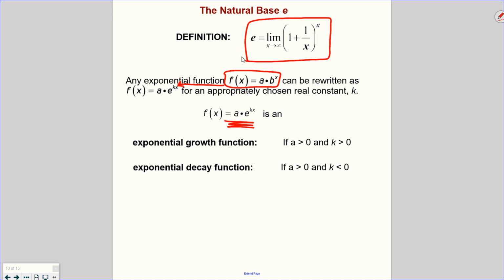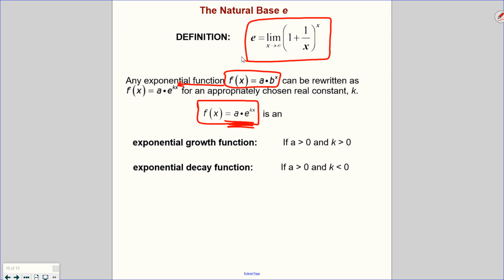This is typically what we use when we talk about exponential growth and decay. When you hear somebody say this thing's growing exponentially, we normally are looking to fill in this model, a times e to the kx.